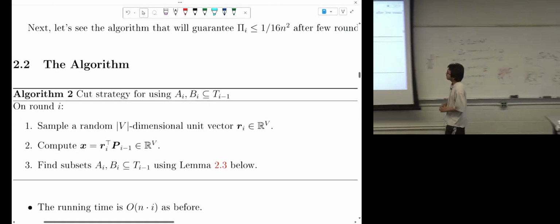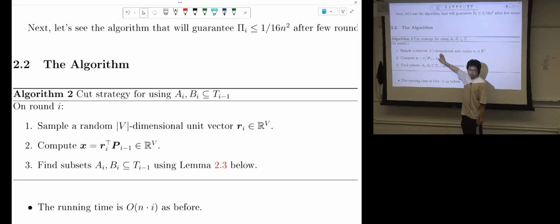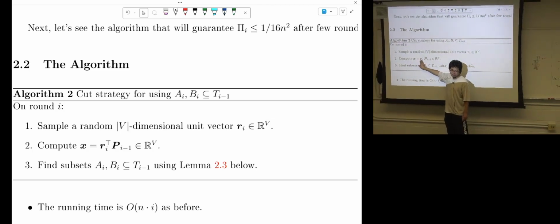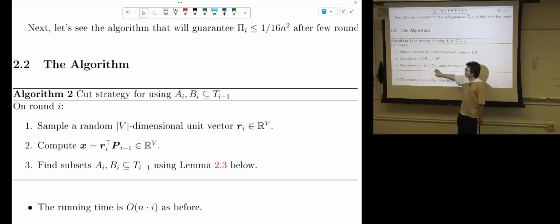Basically the same thing, like the cut strategy: just choose a random vector, and then project all the points to a random direction. Previously we just looked at this line and took the median. Now we're gonna do something more interesting.